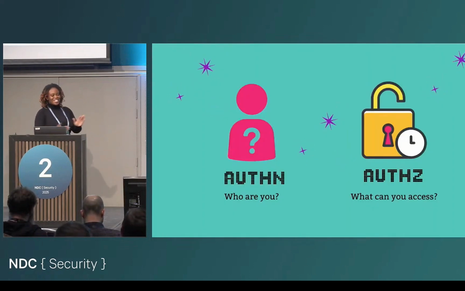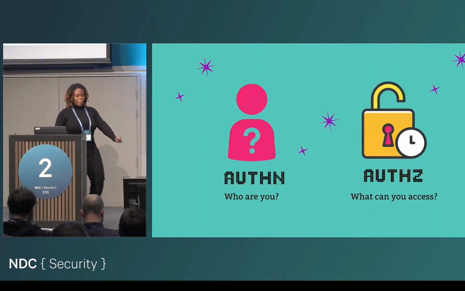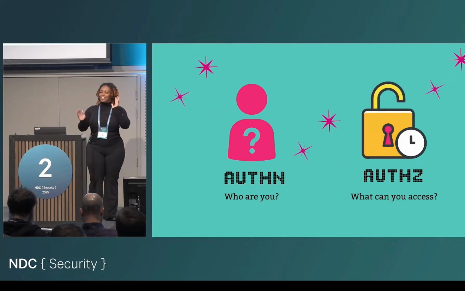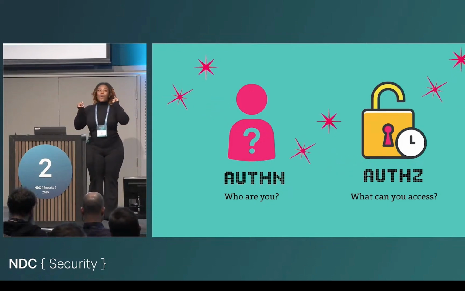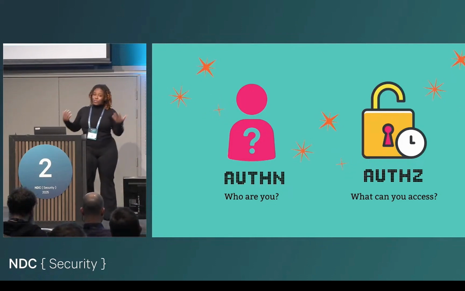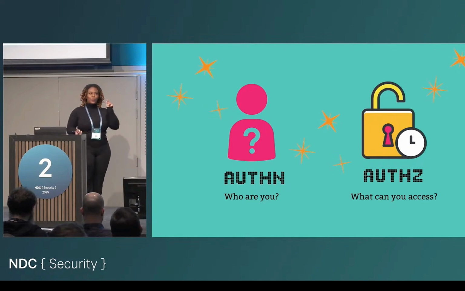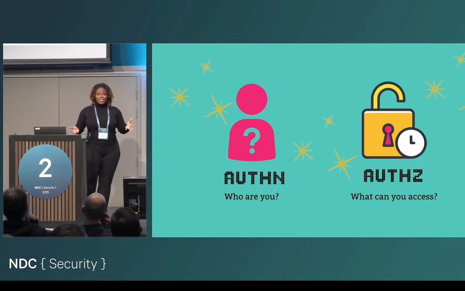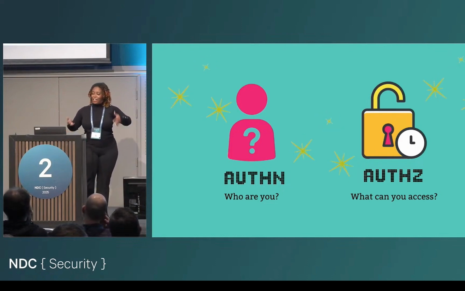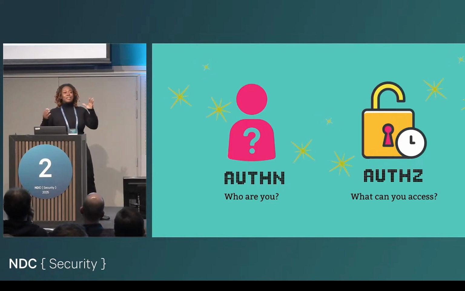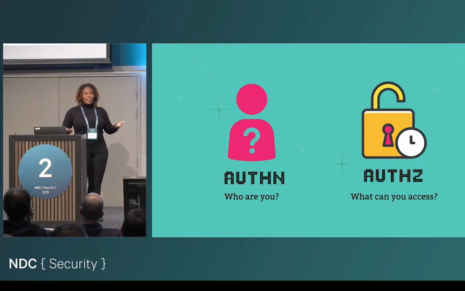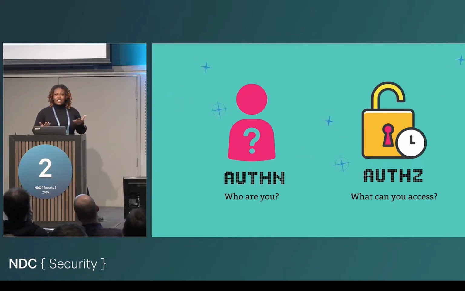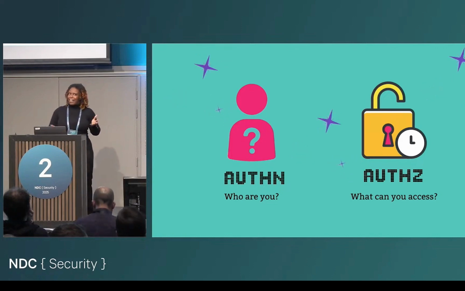Okay, I told you there's gonna be stories. So, here's the next one. When you go into your friend's house, right? You ring the bell and they see you, they identify you, and if they recognize you, they invite you in. Depending on the level of trust you have with your friend, you may have access to certain rooms in their house and not others.